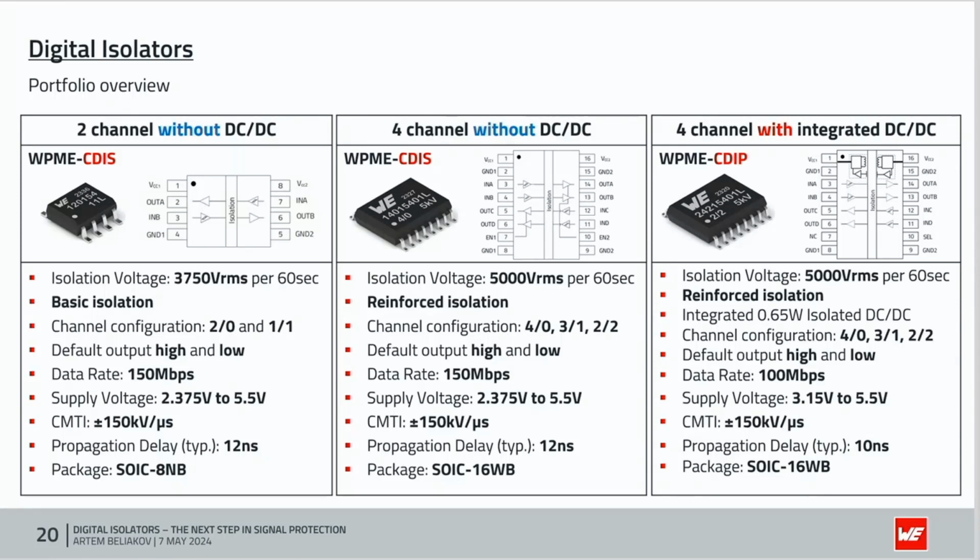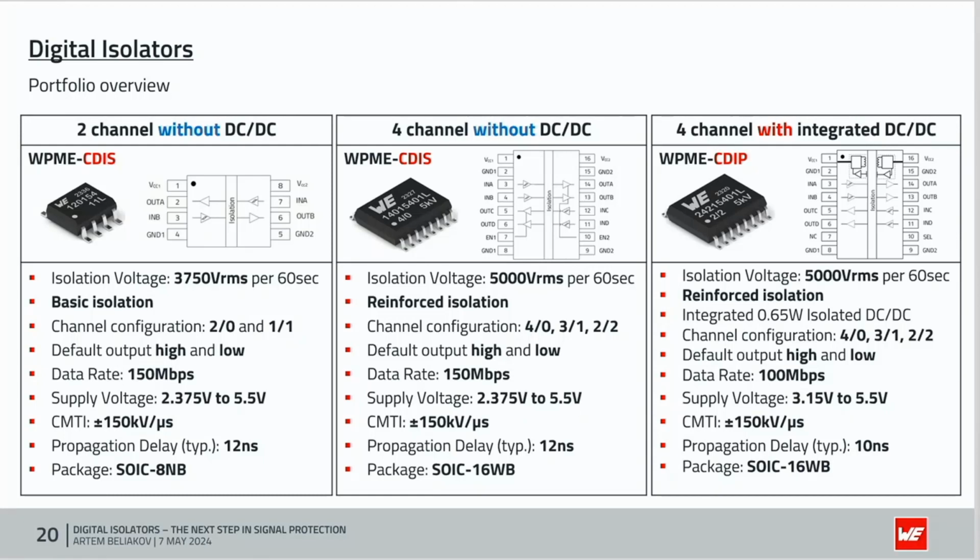All 2-channel digital isolators are represented in SOIC 8 narrow-body packages. Also, we have 4-channel digital isolators which provide isolation up to 5,000 volts, data rate up to 150 megabits per second, and all 4-channel products are represented in the SOIC 16 wide-body package.